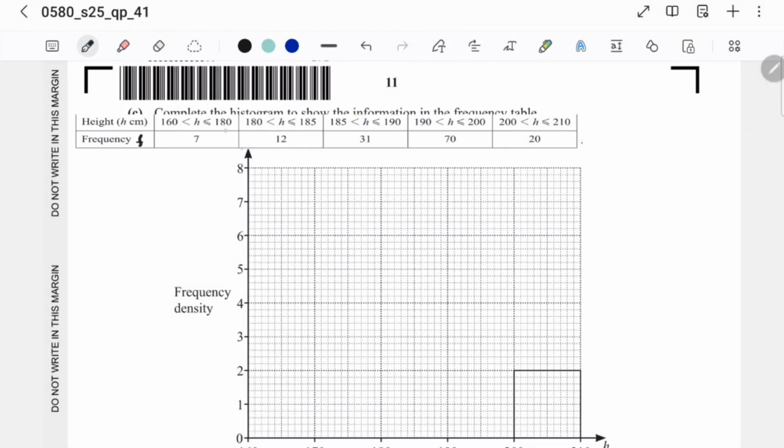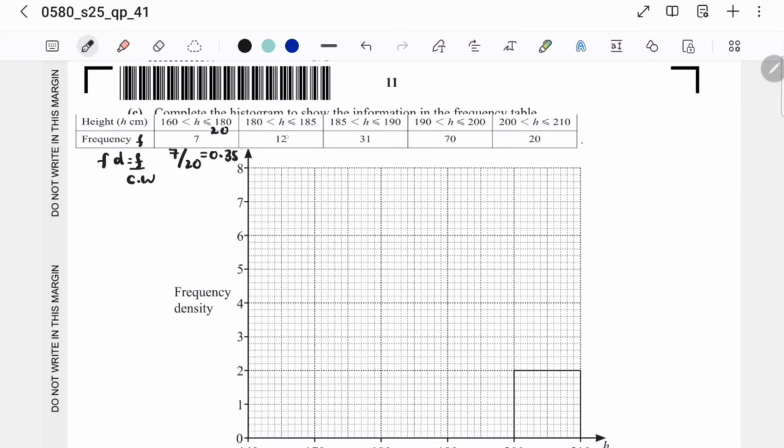Frequency density is frequency over class width. So that is 7 over 20, which is 0.35, or you can write down 0.4 for this one.